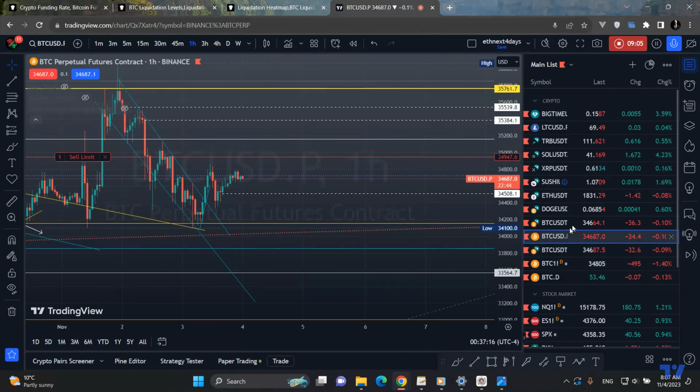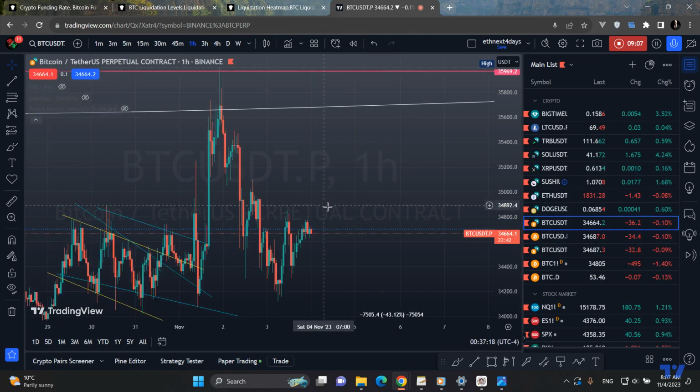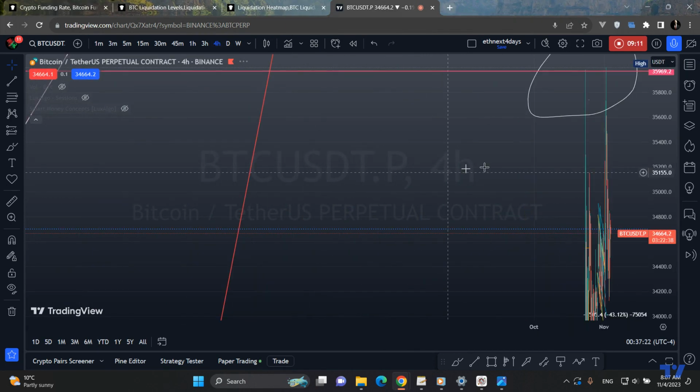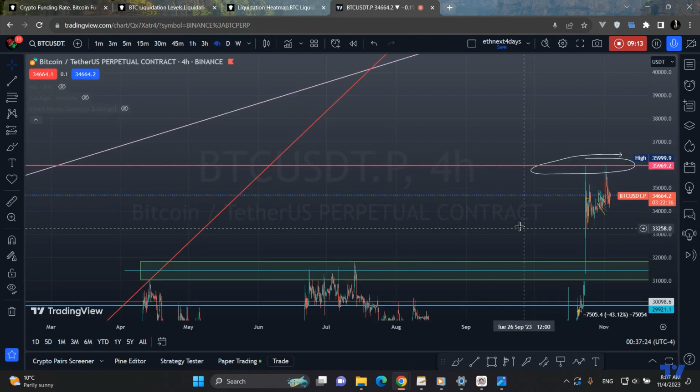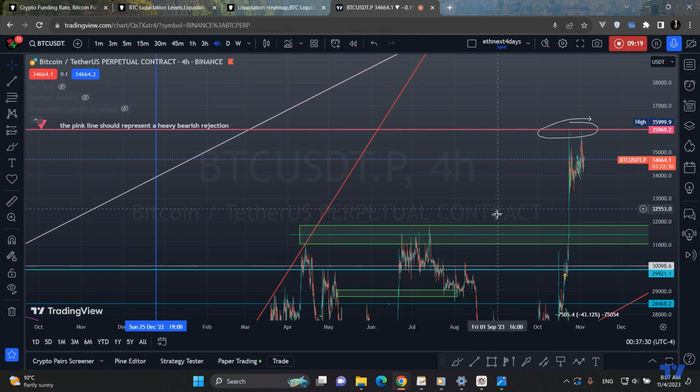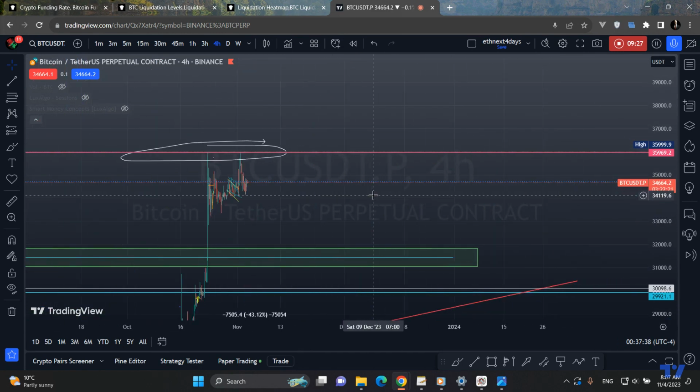Okay, so now I want to mention the rising broadening wedge on the 4 hour right here. I've talked about this pink line, which should represent the heavy bearish rejection. I talked about it in my previous weekly overview, which I might do on Monday or maybe even tomorrow, but it really depends if we do get a move.